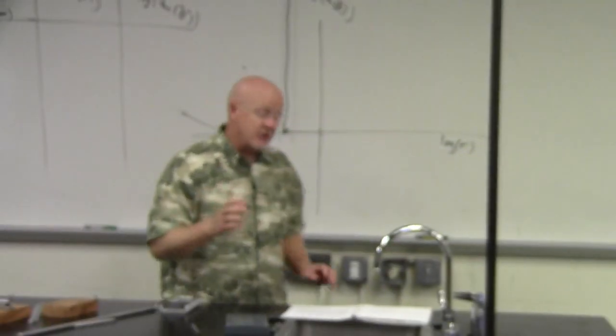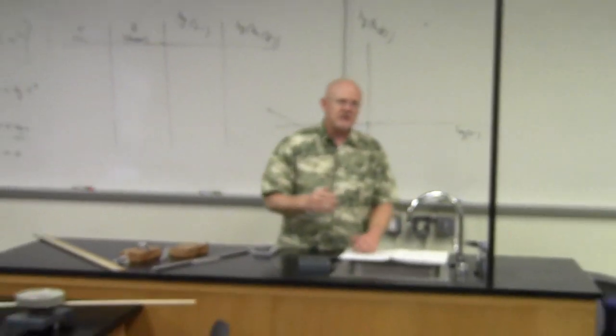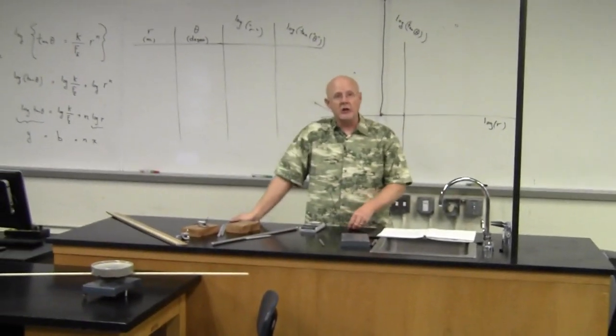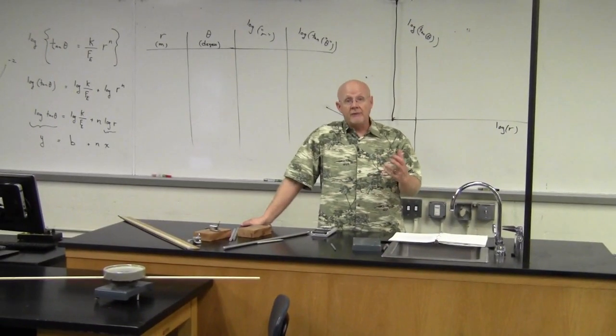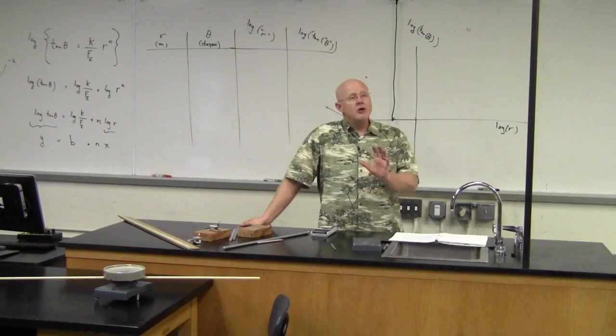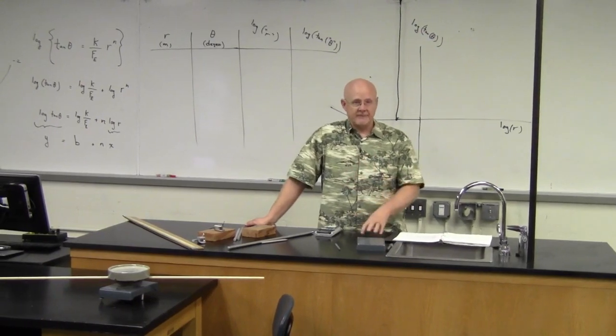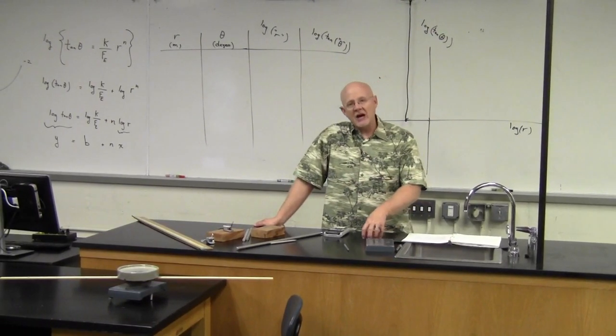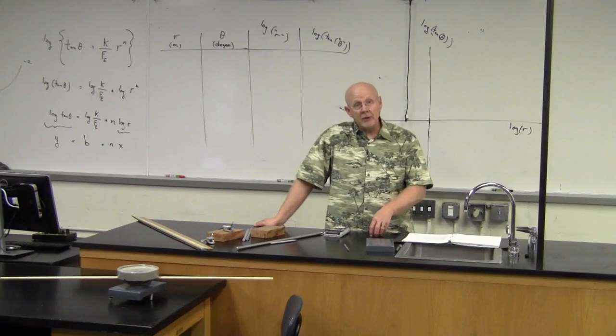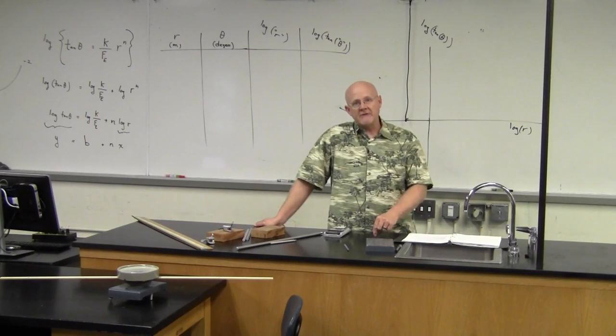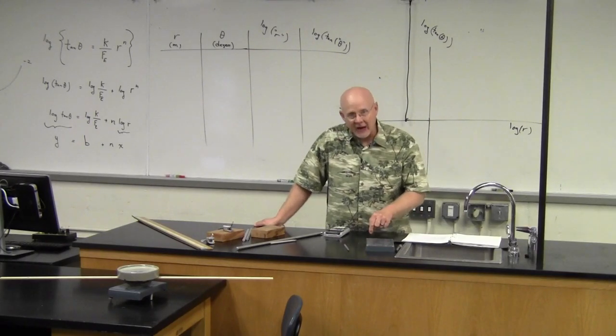So a couple is a set of equal and opposite forces. Now, I should say equal and opposite forces on the same object, because if you say that too quickly, it almost sounds like Newton's third law, which says the forces are always equal and opposite, but on different objects. So the net force on a given object does not come out to be zero there, but a couple is a set of equal and opposite forces on the same object.